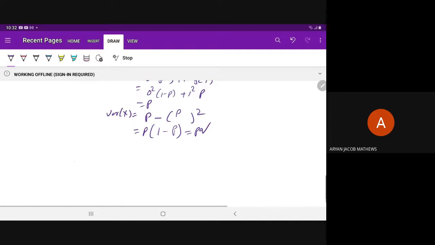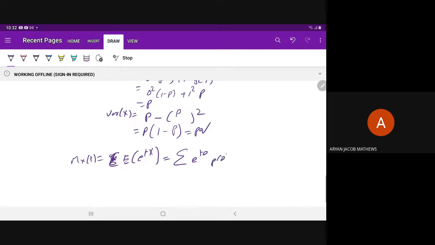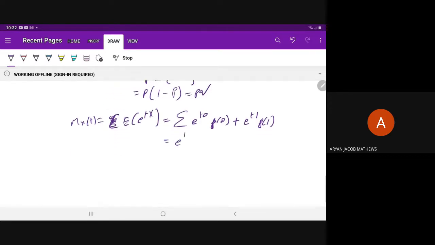To compute M_X(t) in case of a discrete variable, it is the summation of e to the power t times value, times the associated probability. That is e to the power t0 times (1 minus p) plus e to the power t1 times p. e to the power t0 is e to the 0, which is 1.